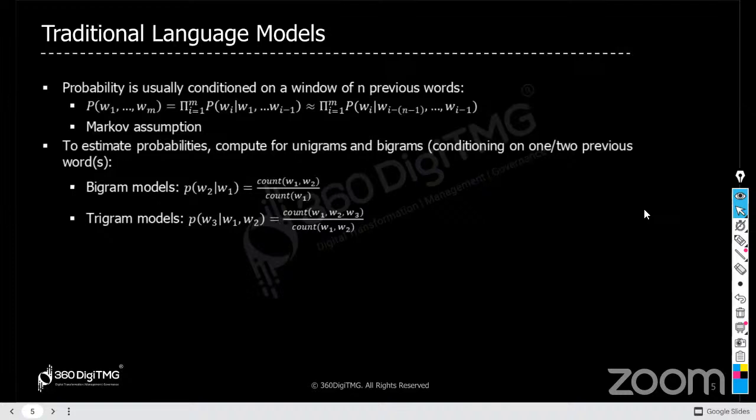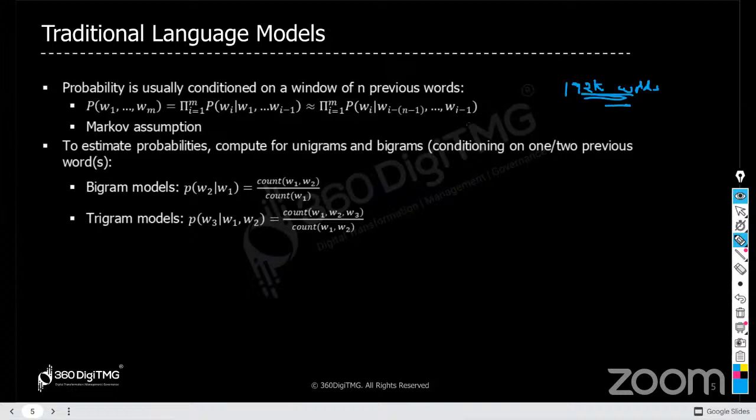The next one that we have is traditional language models. When you look at the traditional language models, you have unigram, bigram, and trigram. If you are talking about a typical English dictionary, you may have approximately 172,000 unique words.